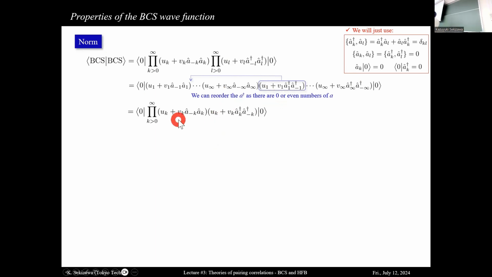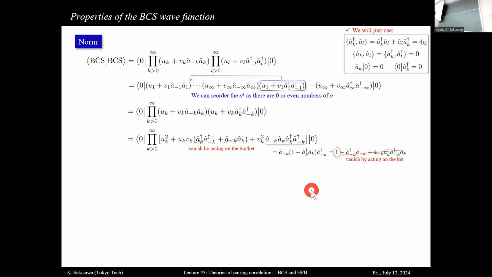Now let us expand these terms. Here I just expanded this parenthesis, resulting in these terms. The point is, you can use these relations easily. So I will follow carefully.